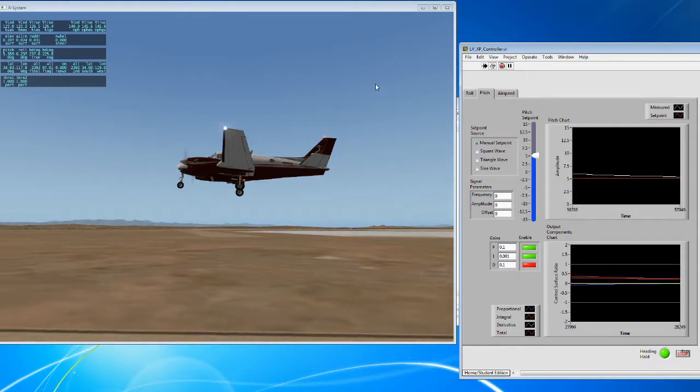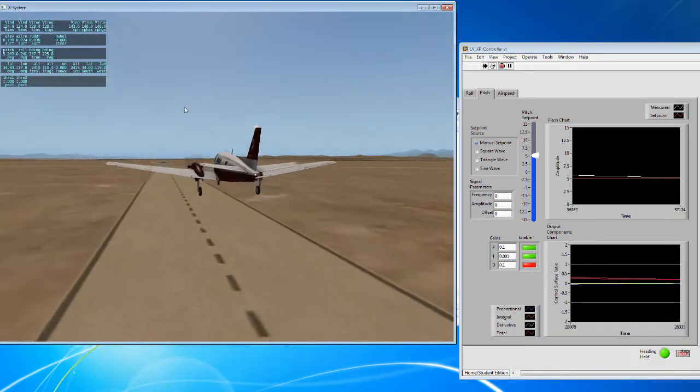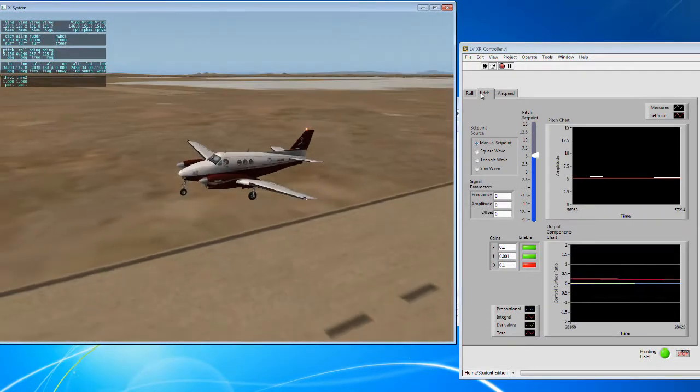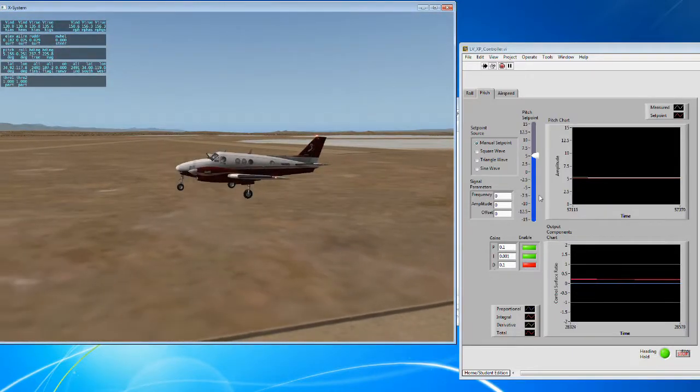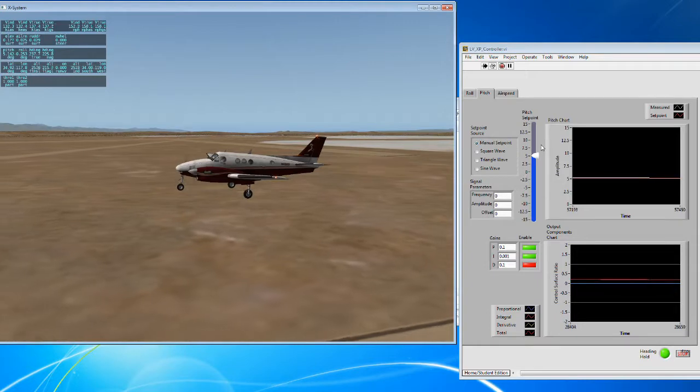So it's not perfect, but that's a pretty nice takeoff, all things considered. And I think we could probably avoid some of that oscillation just by having a lower pitch set point to start with.